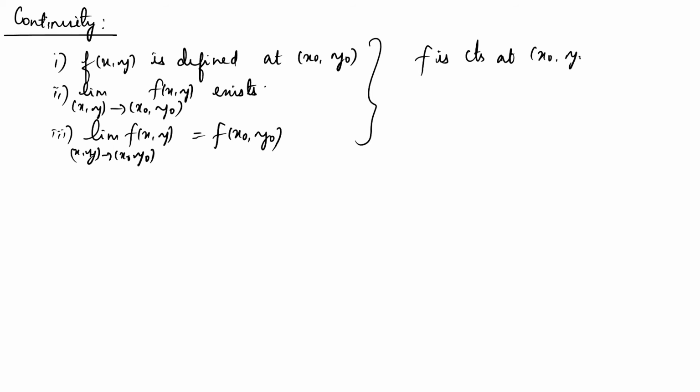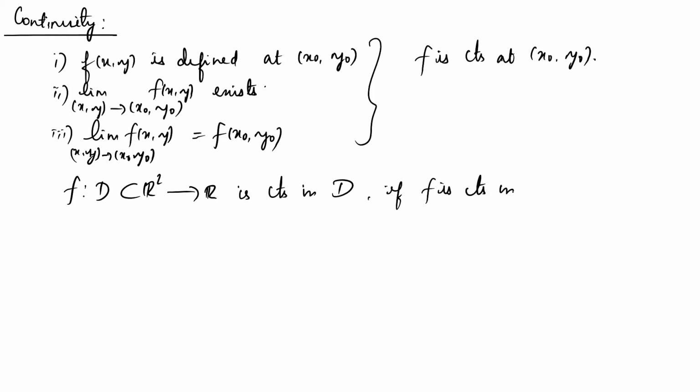Suppose the function is defined from some domain D in R2 to R. It is said to be continuous in the entire D if f is continuous at all the points of D. Okay, if it is so, then we can say the function is continuous everywhere on D. Now let us see a problem.